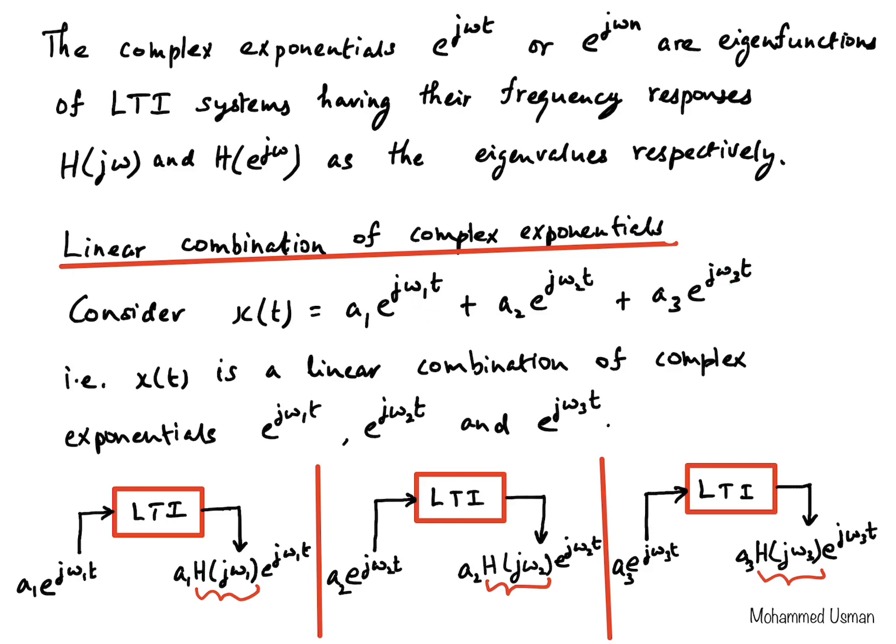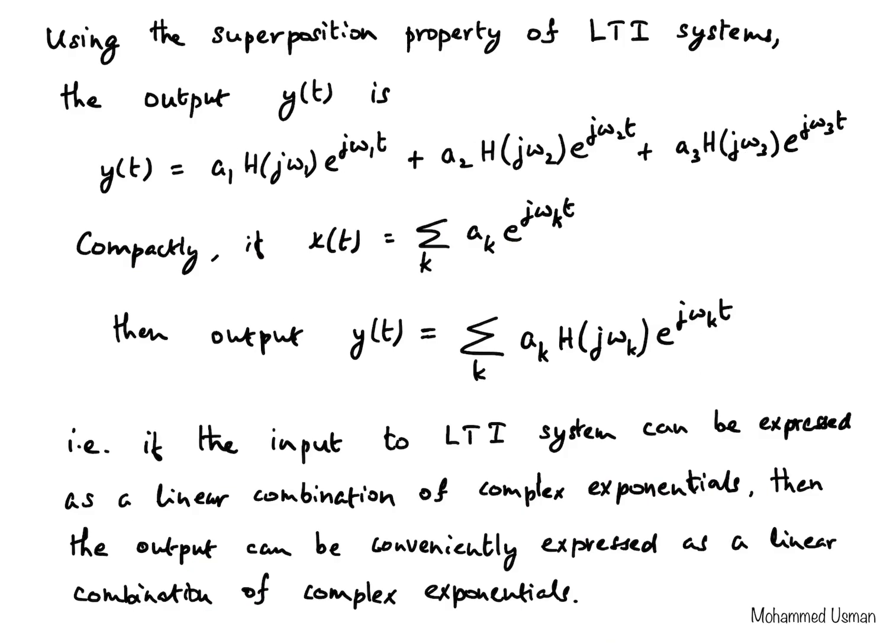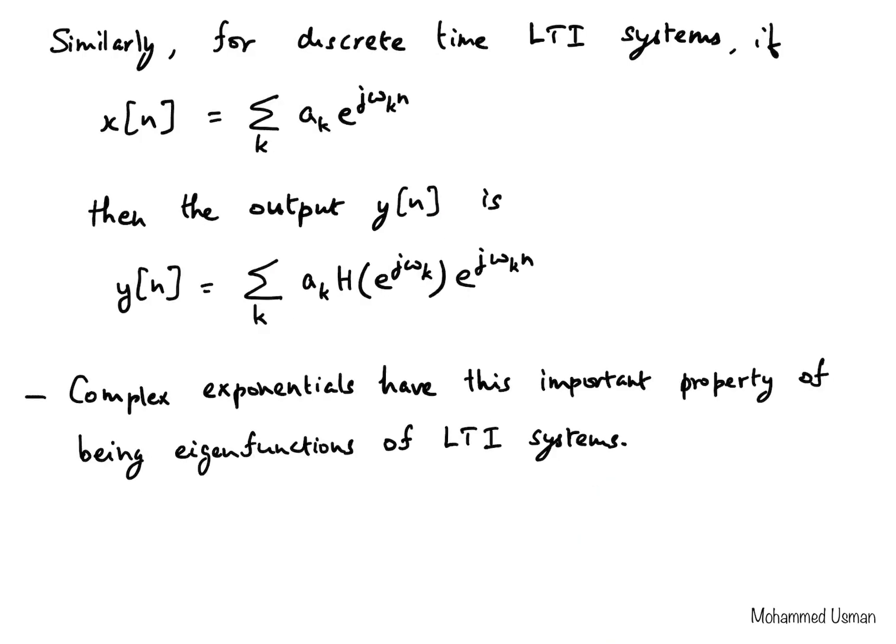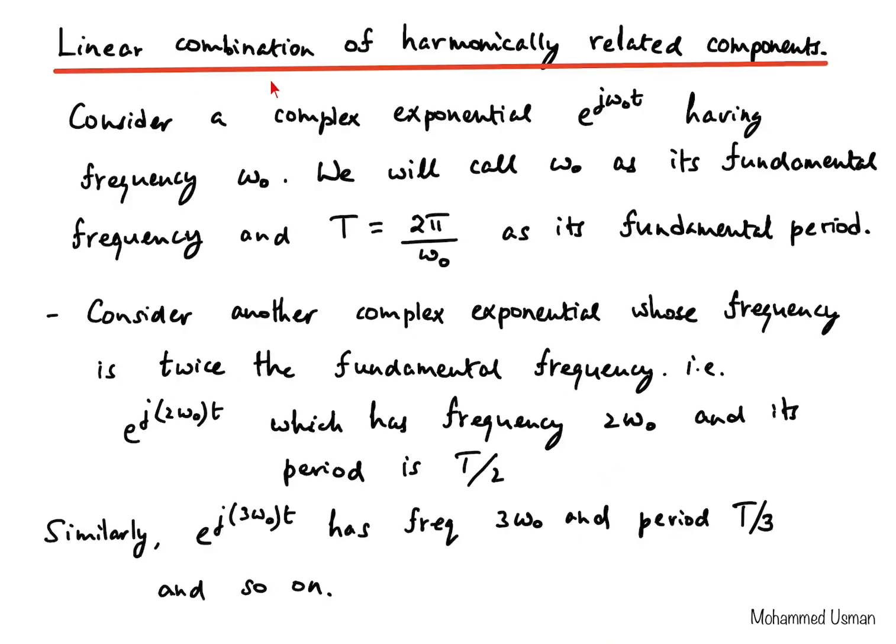They can be any arbitrary values. And if we impose some condition on this, then that gives us what is called a linear combination of harmonically related complex exponentials. And that is what we are going to see next. So that's our next topic, the linear combination of harmonically related complex exponentials, where omega 1, omega 2, omega 3 have some relationship between them.